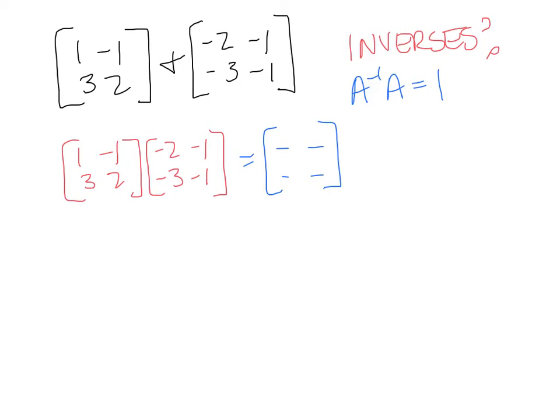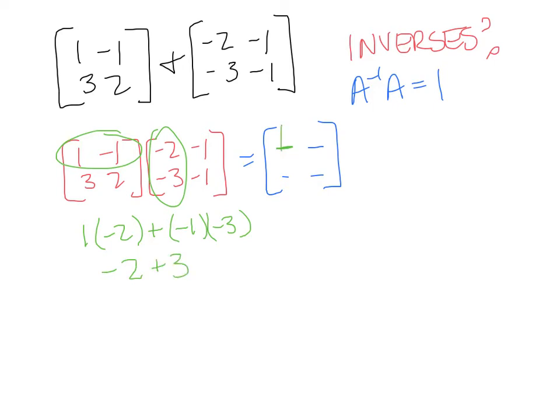So if we go ahead and remember our rules, for A11, this first one, we're going to do row 1, column 1. So we're going to have 1 times -2 plus -1 times -3, which is -2 plus 3, which is 1. Ooh, this is a good sign.